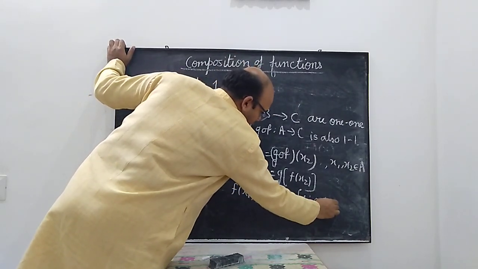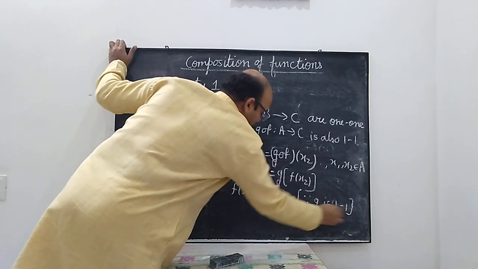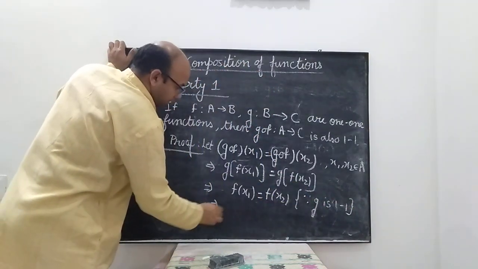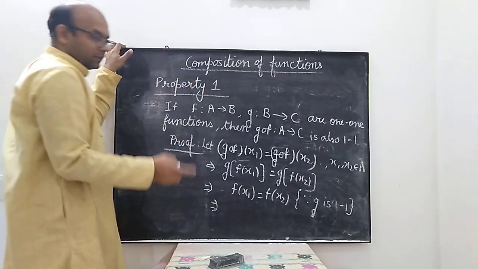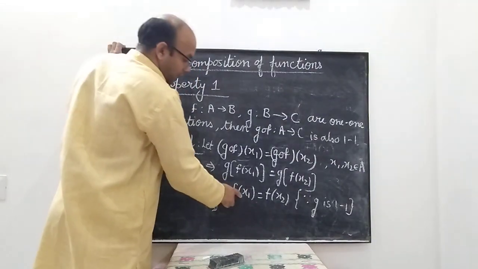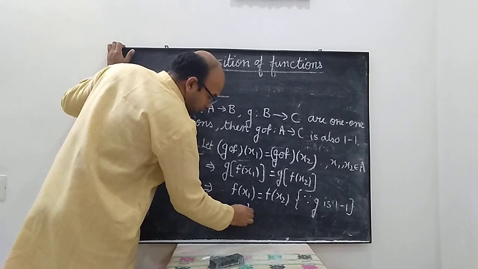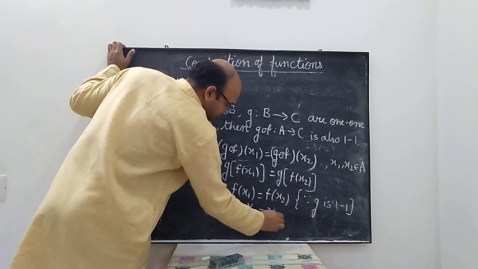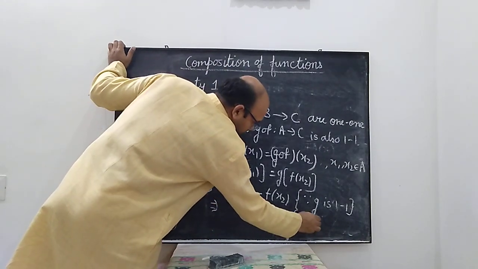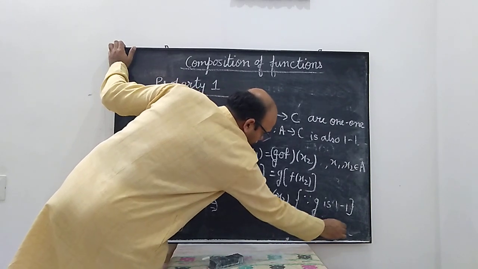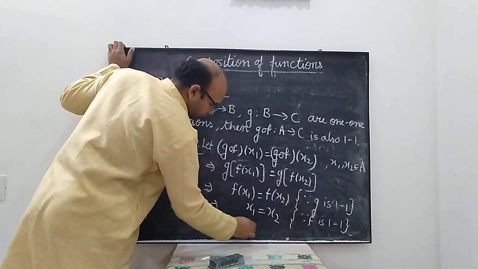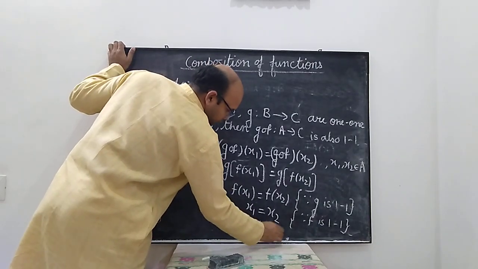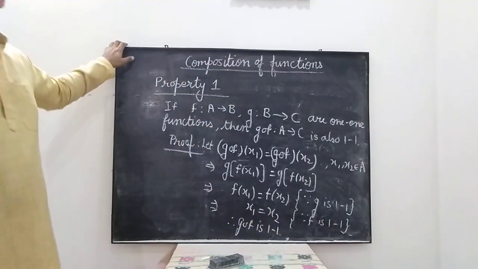Now since f is one-to-one, by the definition of one-to-one functions, fx1 equal to fx2 implies that x1 is equal to x2. So therefore gof is one-to-one.